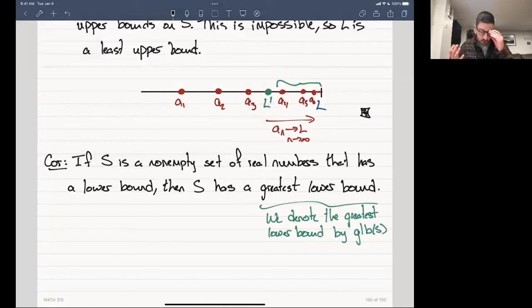Now, there's something to address here. These two results tell you that if you can find lower bounds, then you can find greatest lower bounds. If you can find an upper bound, you can find the least upper bound. But what if you're unbounded? Think about the counting numbers, the natural numbers. There is no upper bound on the counting numbers, right? That's what the Archimedean property assumes. So what happens here? How do you denote the least upper bound?